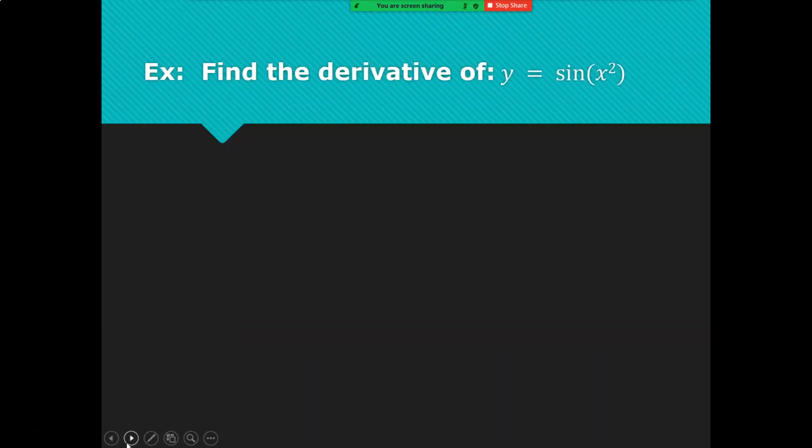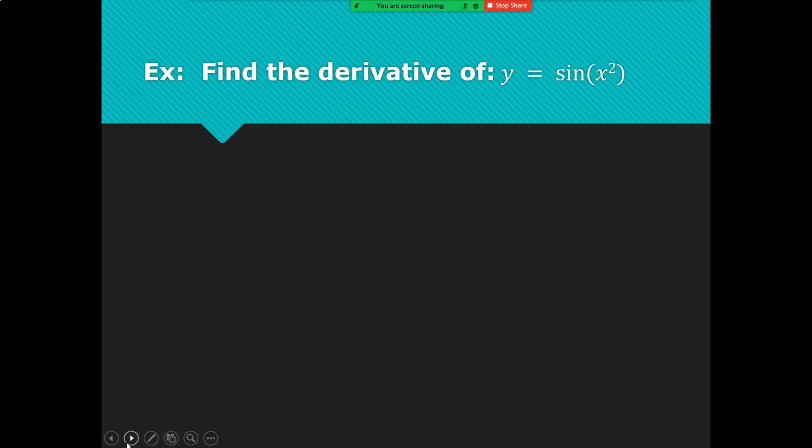So you want to find the derivative of y equals sine x squared. What function would you define as the outside function? Perfect. So what's my inside function? Yeah, x squared.